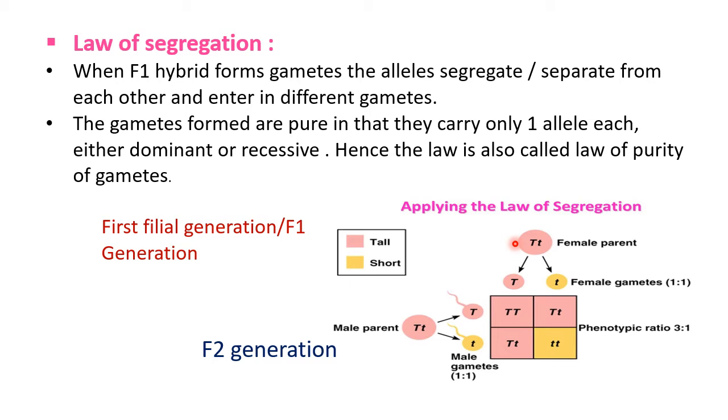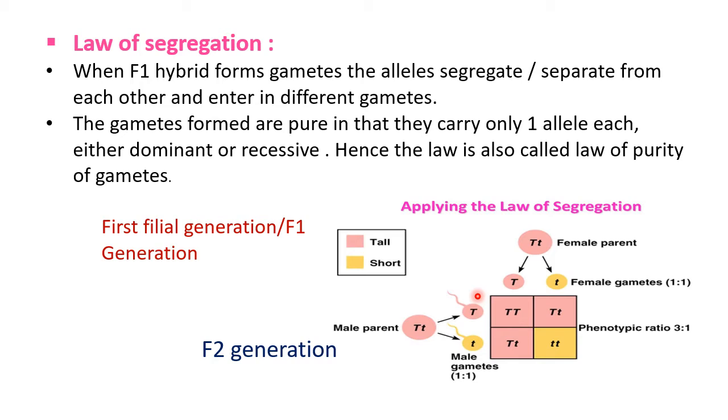So during the formation of gametes, now you know that the hybrid plants or the plants in F1 generation are allowed to carry out self-pollination. So during the formation of gametes by the hybrid tall plants of F1 generation, the alleles, that is capital T and small t, separate from each other and enter into the formation of gametes.